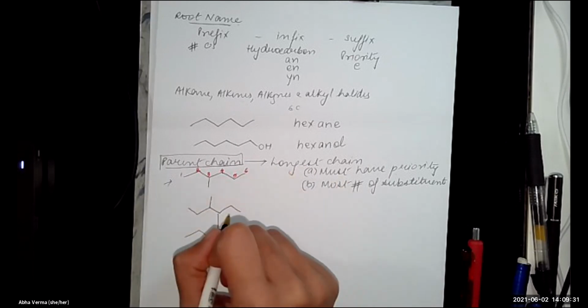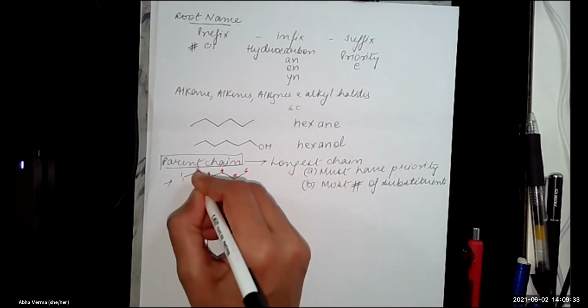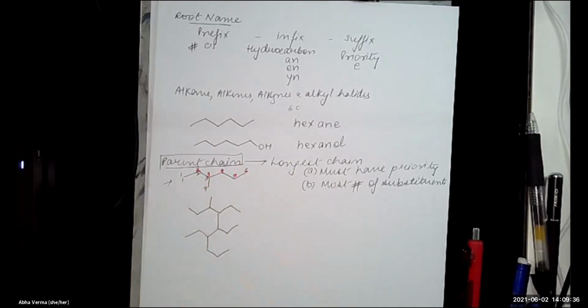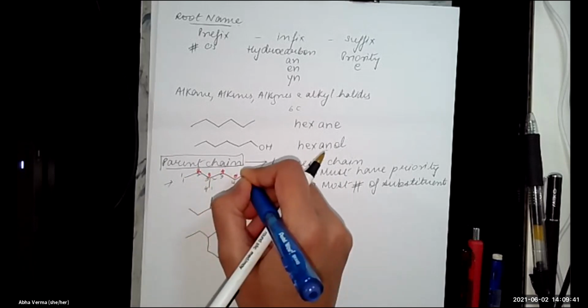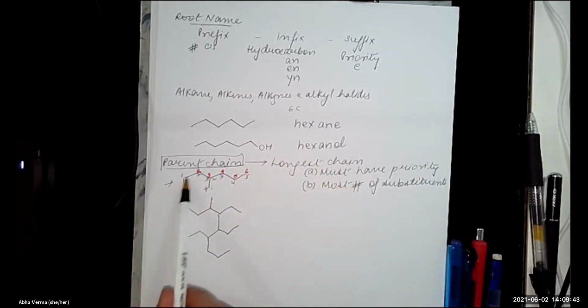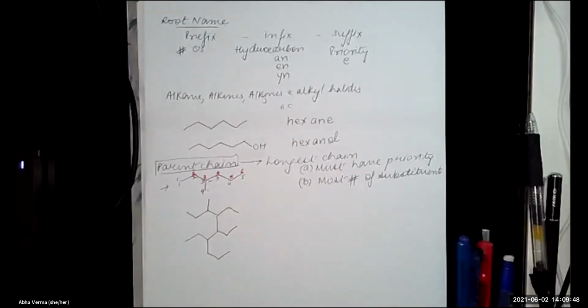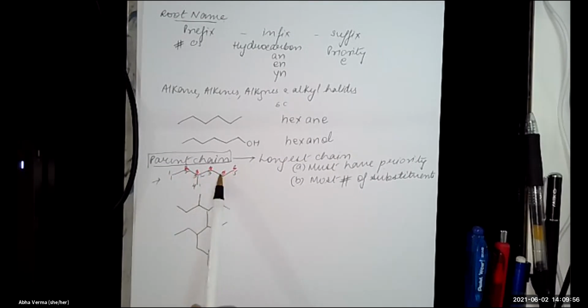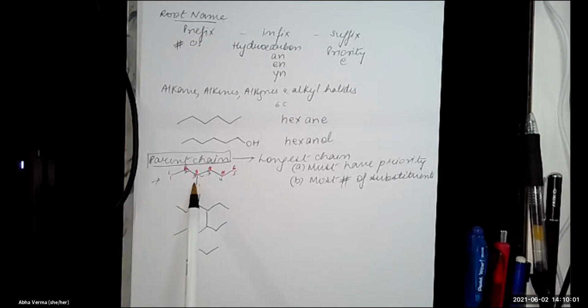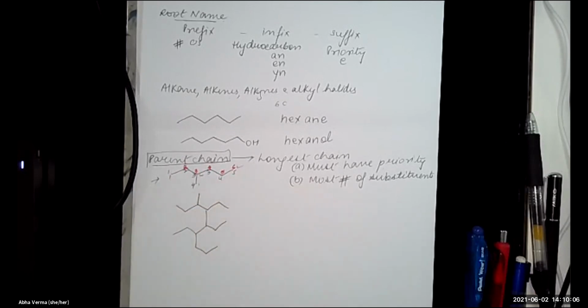I can go with this, or I can go with 1, 2, 3, 4, or I can go with 1, 2, 3, 4, 5. So among these 3 options, which will be the best option? Definitely the one which is covering 6 carbons. Not the 5 carbons, not the 4 carbon chain. It will be the 6 carbon chain.